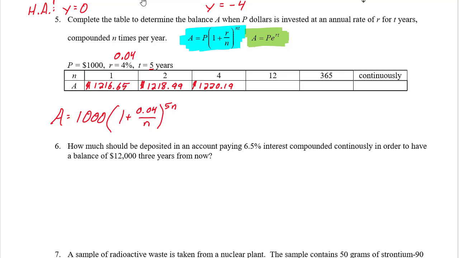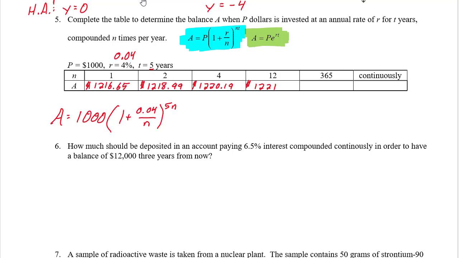And again, on a calculator you can kind of copy and paste and just change the one number that you need. In this case it comes out as 1,220 and 99.6, so actually we'll just call that $1,221, since 99 cents would round up on that one.